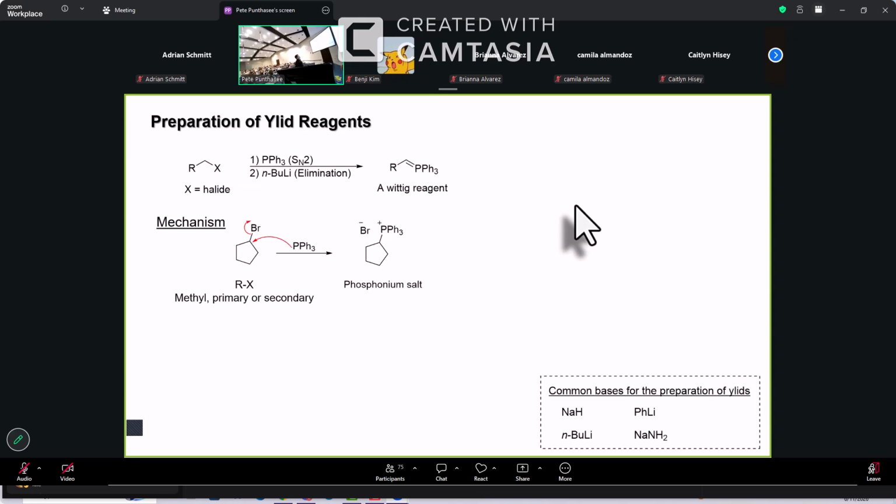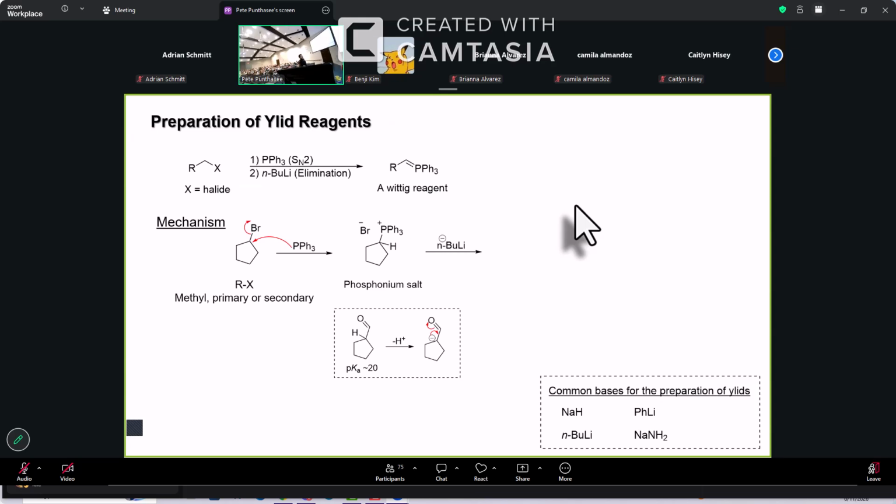Now what? Once we have the phosphonium salt, this is what's going to happen. I think you guys know that the alpha proton is slightly acidic, because when you remove a proton, that lone pair is resonance stabilized. Phosphorus can do that because it's large. It has d orbitals. Take a look. That proton right there, you can add a strong base. You can use anything familiar.